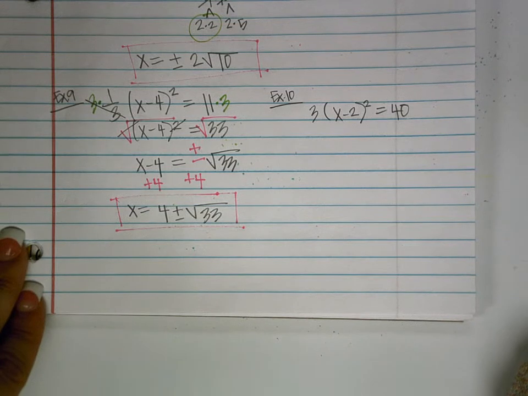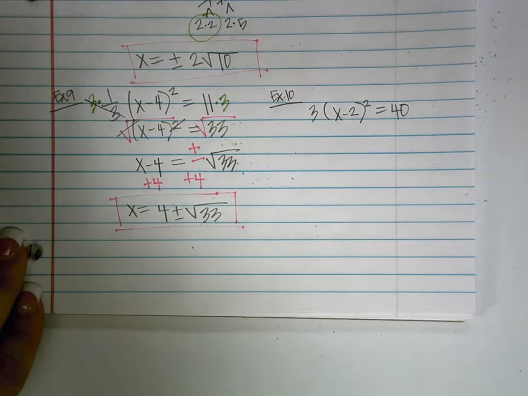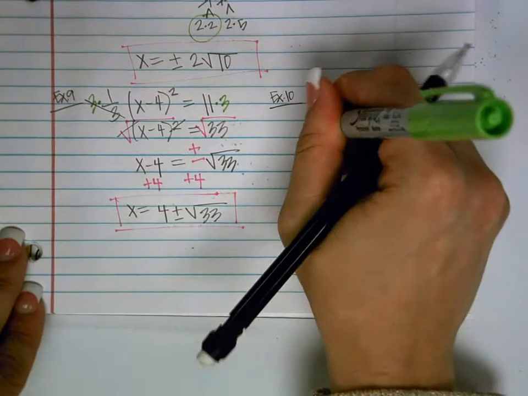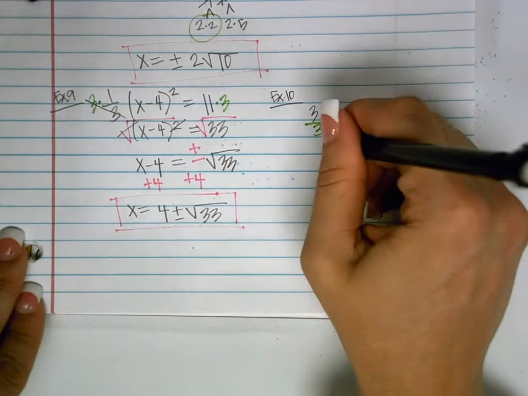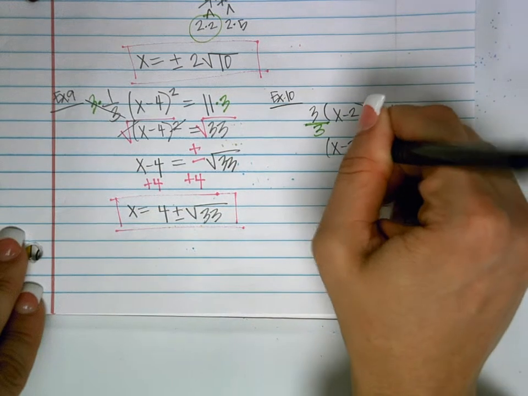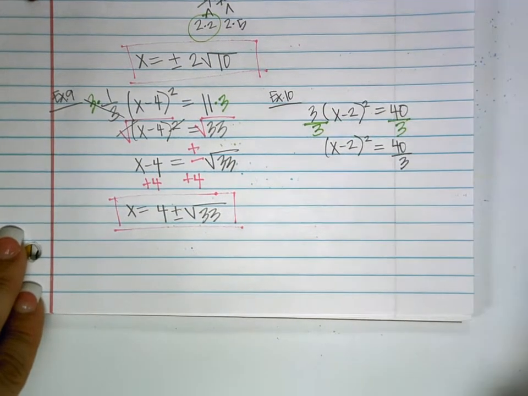Any ideas? Where do you think I'm going to start? Get rid of the 3. How do I get rid of that 3? Divide it away. So divide by 3 on that side. So that'll leave us with x minus 2 squared equals 40 over 3.